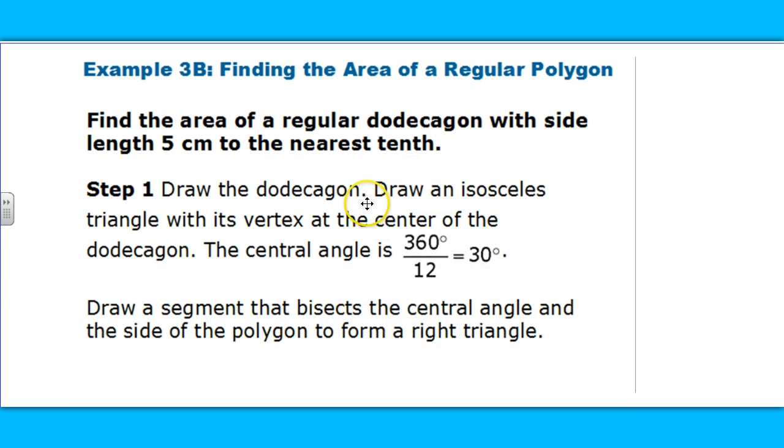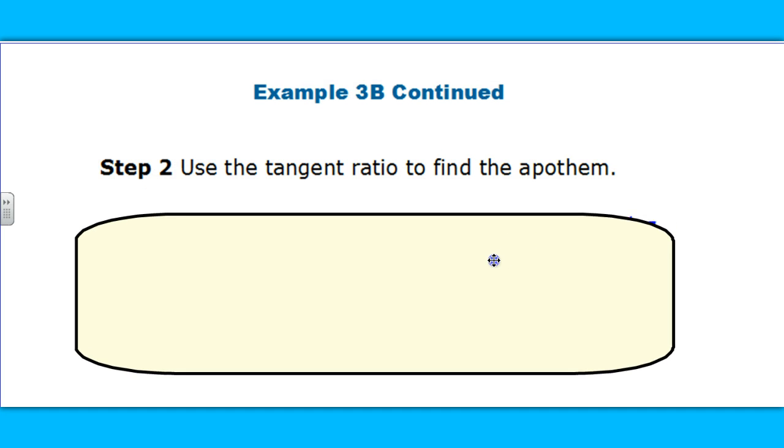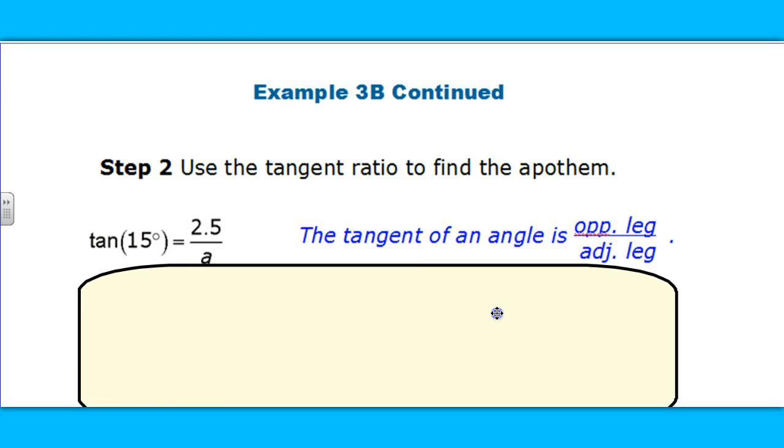So again, now we will bisect that central angle to draw your apothem, right? And so that little new angle formed there is, that's right, a 15 degree angle, okay? Go ahead and use the fact that we know the side length is 5, and we have a little angle in our right triangle of 15 to find your apothem. And there we go.